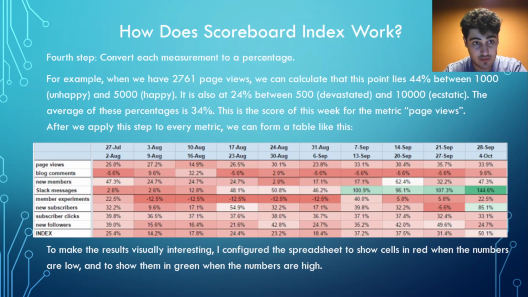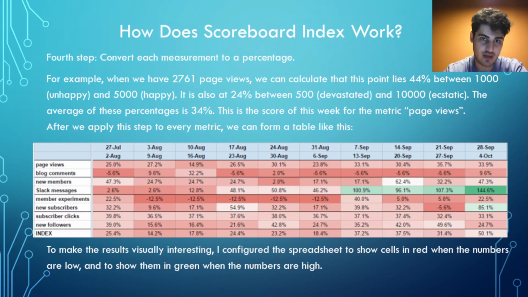it's time for the fourth step, which is converting each measurement to a percentage in a scale of 0 to 100. But sometimes the values can take below 0 and greater than 100. So let's say that in a week we observed data like 2,761 page views.